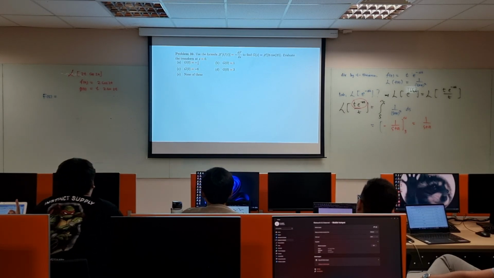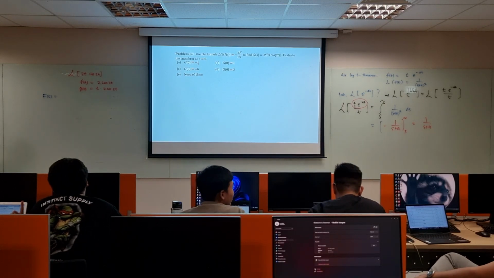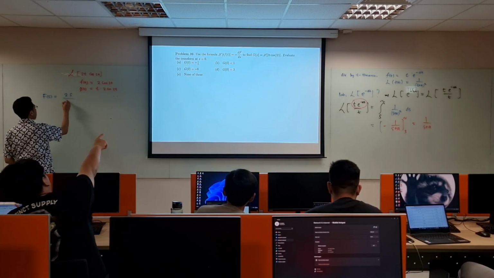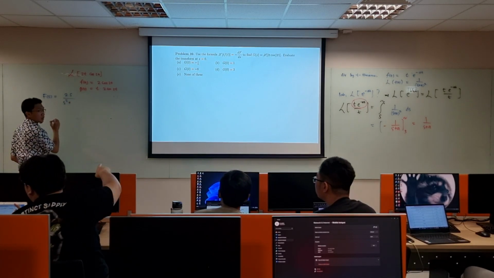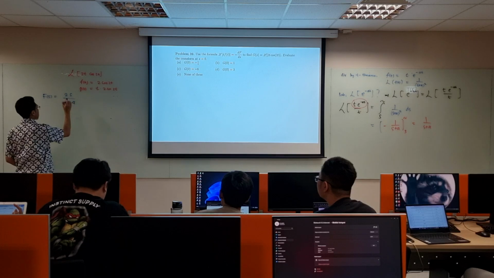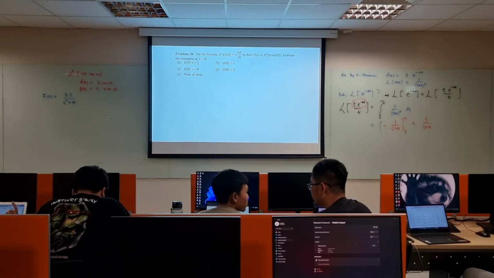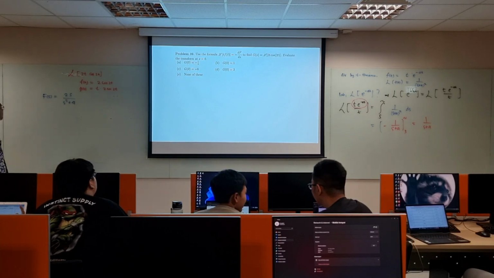So it is 2s divided by s squared plus 4. Plus 4.